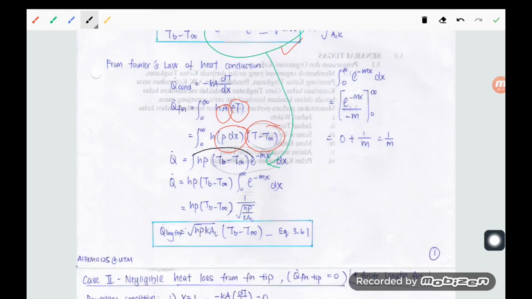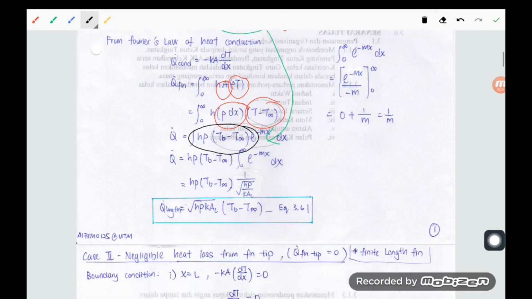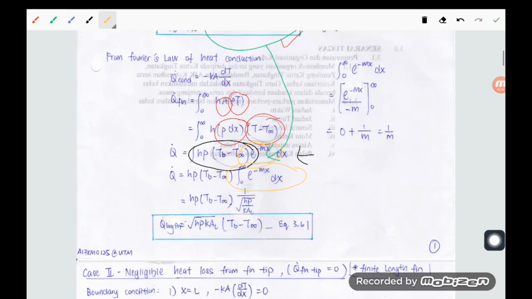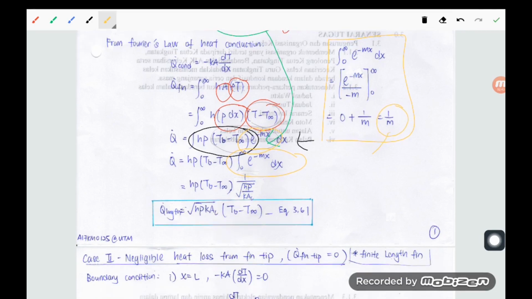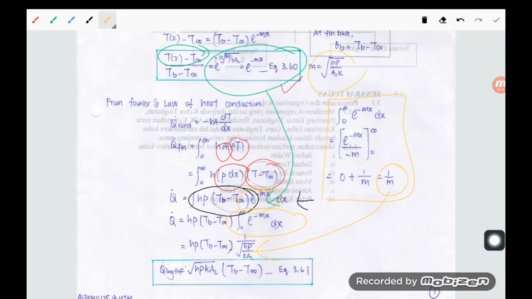After we rearrange, we know that this is a constant, and we need to integrate with respect to x, so we just leave the x variable inside the integration. After we integrate it is 1 over m, and after substituting, we get equation 3.61.